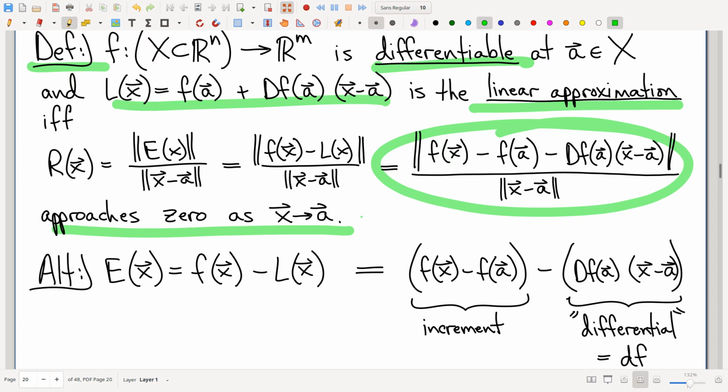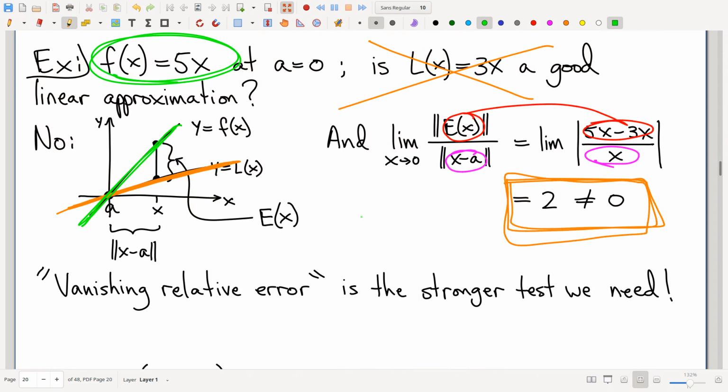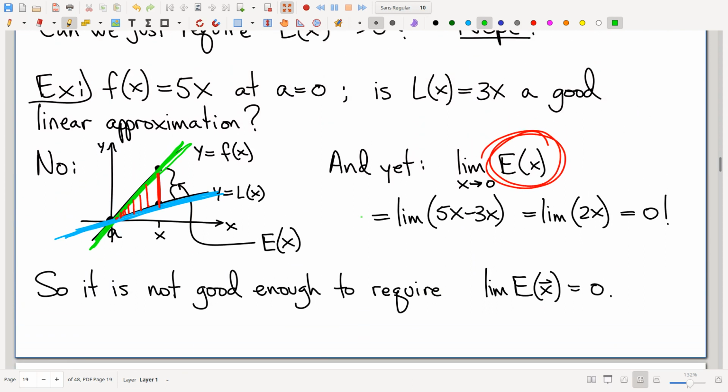In practice, we're not going to actually use this at all. But I wanted you all to see that this actually kind of makes sense in a way, and that all it is is the assertion of vanishing relative error. It's the assertion that that's why this is a bad one, as opposed to not being able to see anything wrong with it from this naive point of view here.